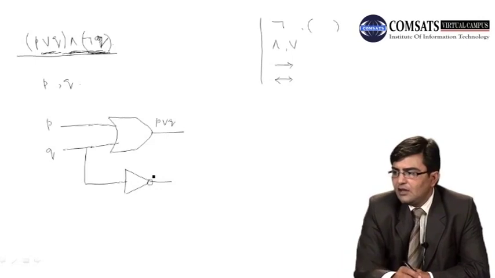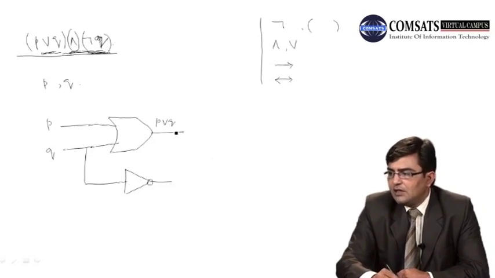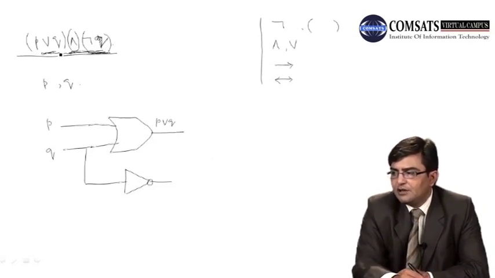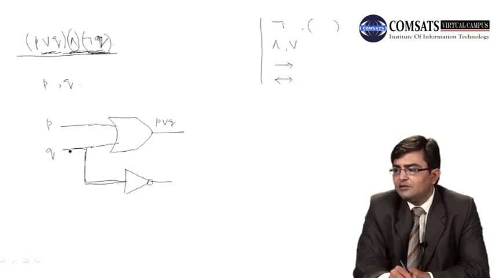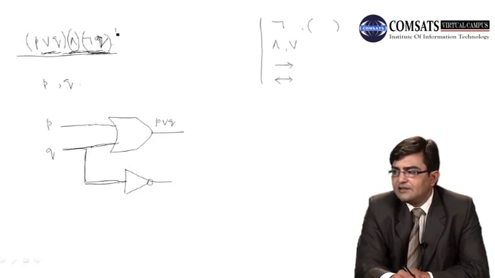Now we have two expressions here which are connected by the AND operator: this expression, and P or Q. Q is coming right here also, and Q is the input of this logic gate also, and the input of this logic gate also. This represents this expression, and the other represents this expression.